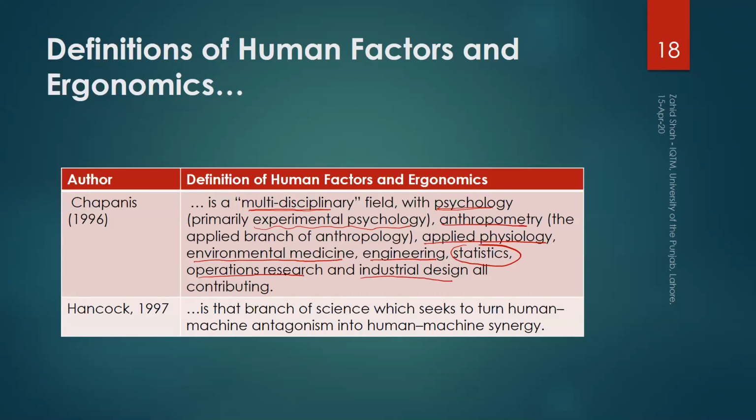But more importantly, we require psychology, anthropometry, physiology, engineering, and statistics. So this is also emphasizing the disciplines that are involved in ergonomic studies. Again, I would recommend you to read the definition mentioned below yourself, and if you find something important, note it down.